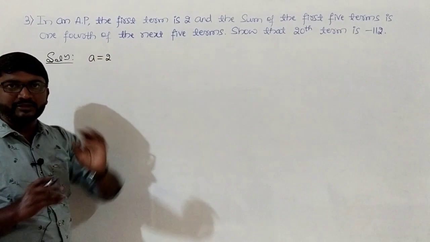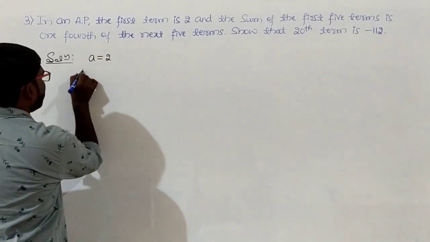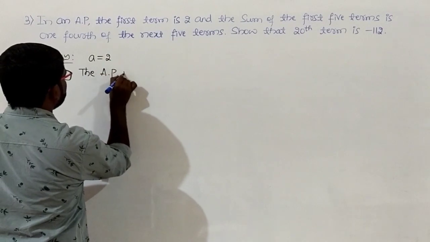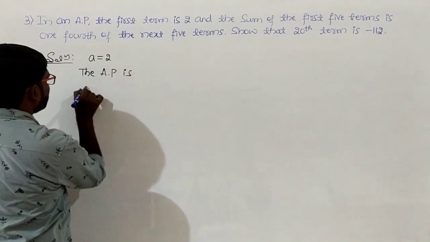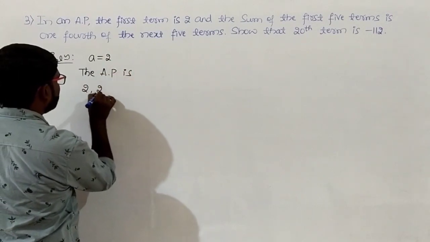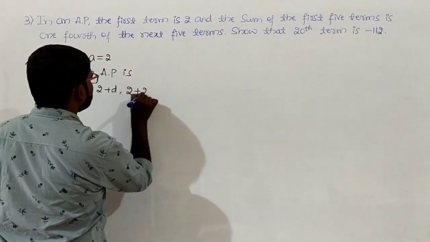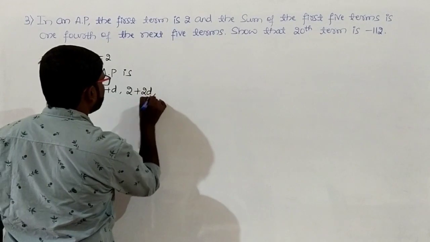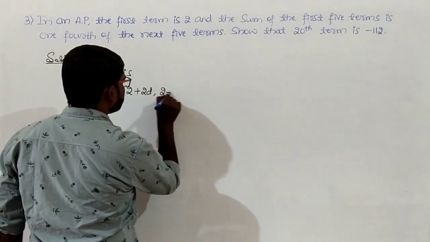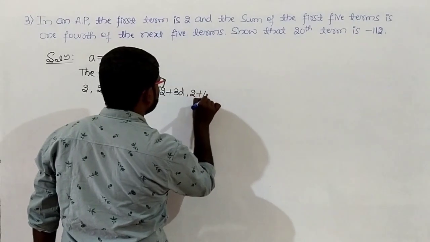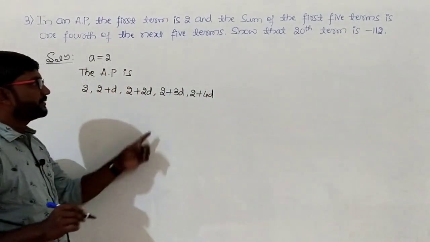So here the AP is 2, 2 plus d, 2 plus 2d, 2 plus 3d, 2 plus 4d.